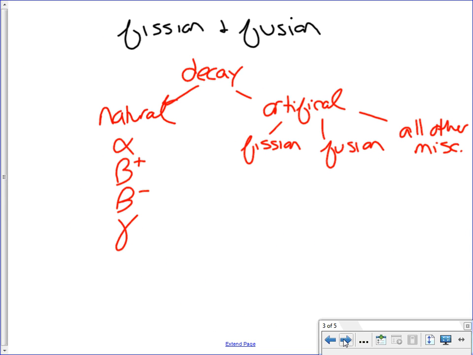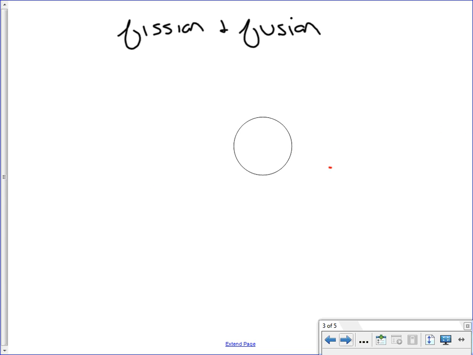Fission is division, okay? When I say that, I mean that you take a big nucleus and you split it by hitting it with an alpha particle or a neutron. It's usually a neutron, okay? So I start with something like uranium-235, and I hit it with a neutron.